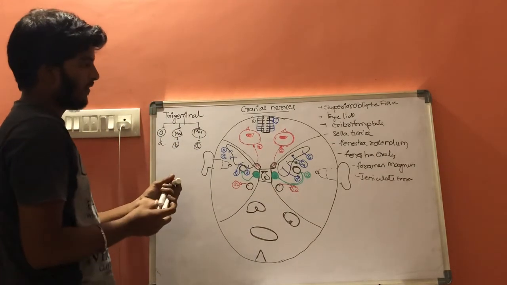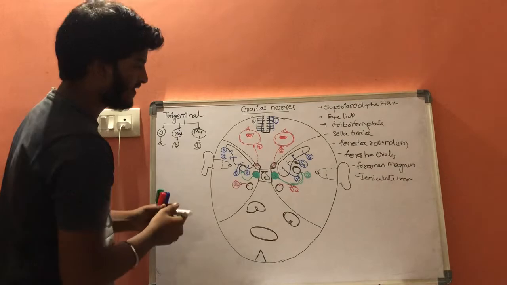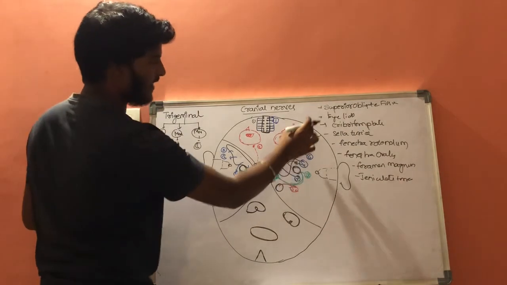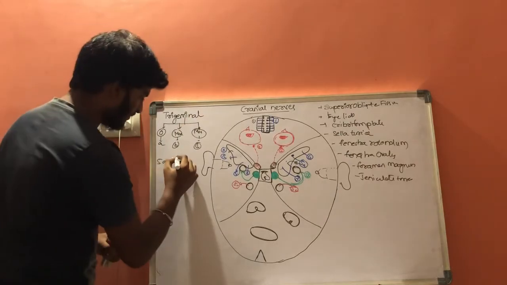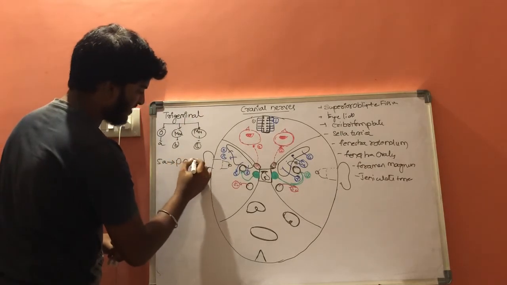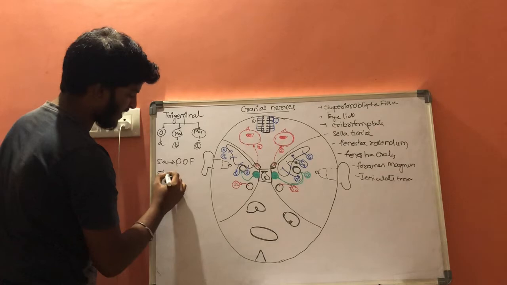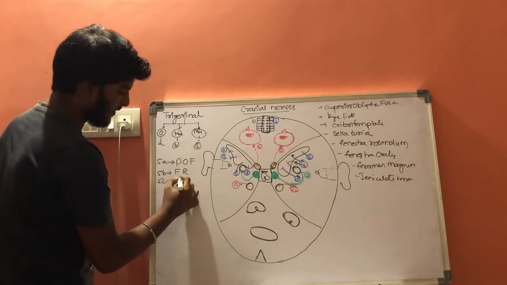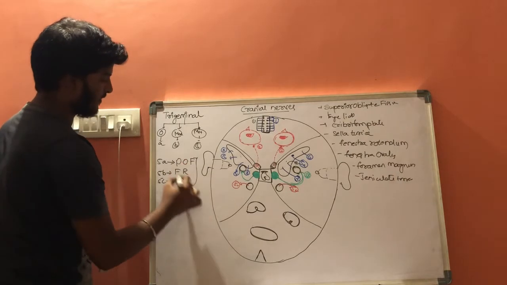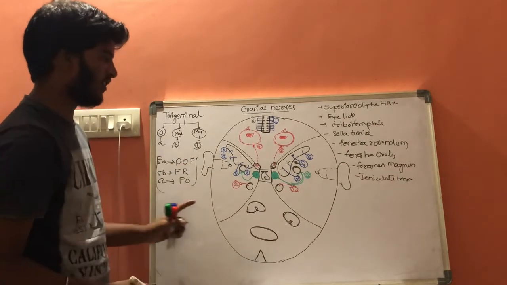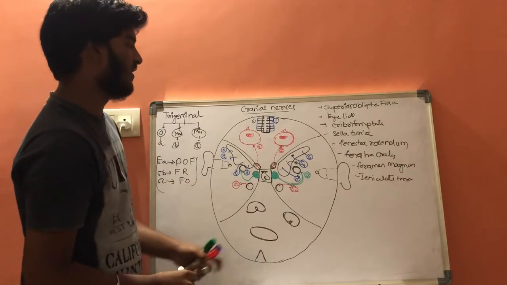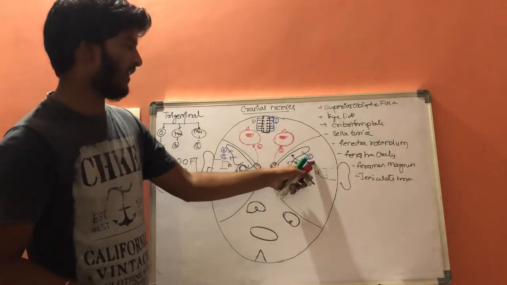Now, to clear any confusion: the 5A type is coming from the superior orbital fissure, the 5B type is coming from the foramen rotundum, and the 5C type is coming from the foramen ovale. This is a clear-cut picture of the trigeminal nerve. Now the sixth nerve also will be ending in this area.